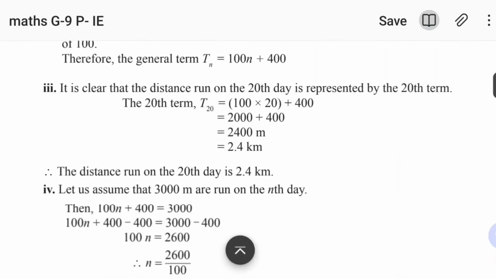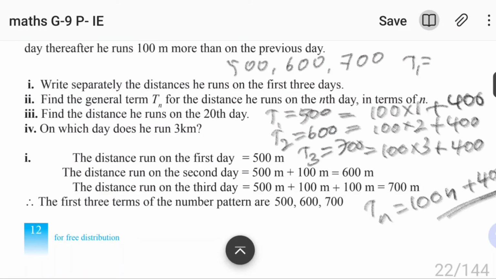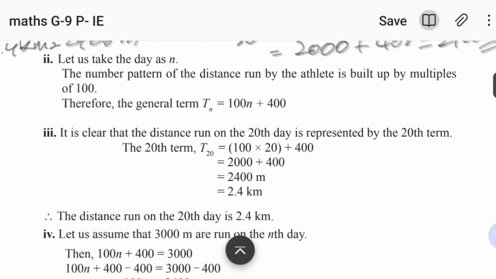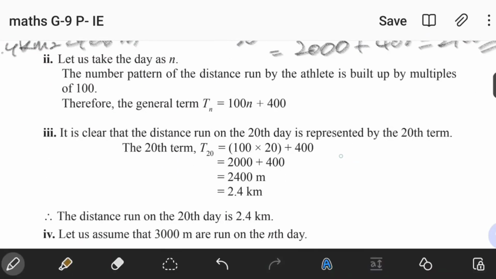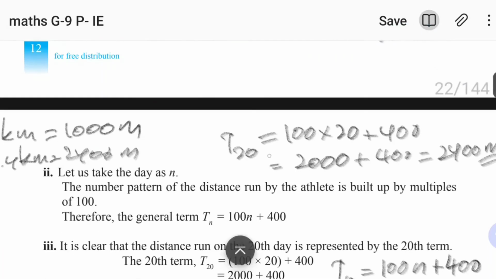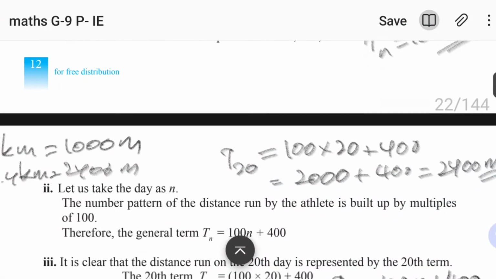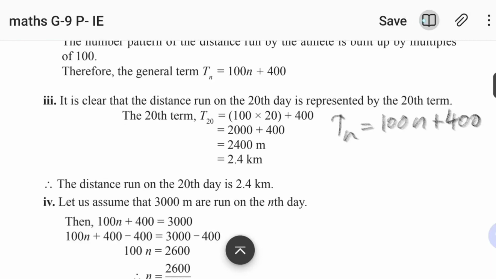These should be pretty easy for you. Next, on which day does he run 3 kilometers? Remember our Tn equals 100n plus 400; this term is in meters. So when the distance is given in kilometers, you always have to use the meter value. 3 kilometers is 3000 meters.